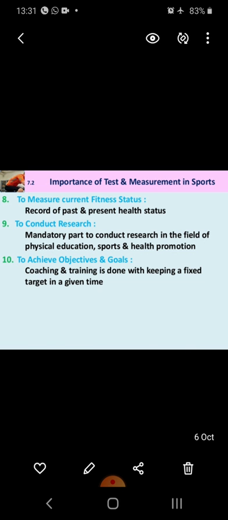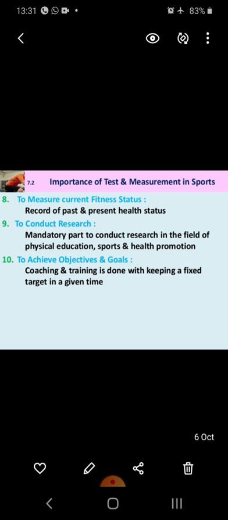But after an injury or a break of two months, your time has increased. Now you have completed the 100-meter race in 16 seconds. So you need to improve. Fine. So this is helpful in keeping a record of the past and comparing past to present.